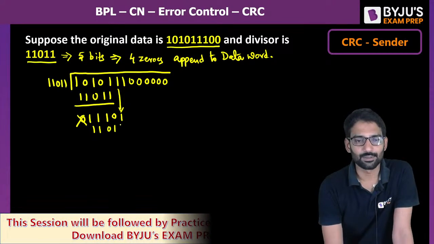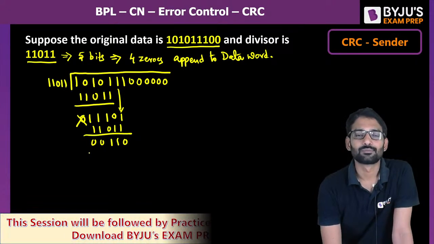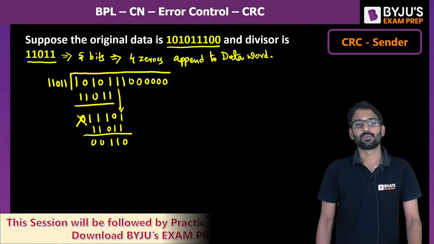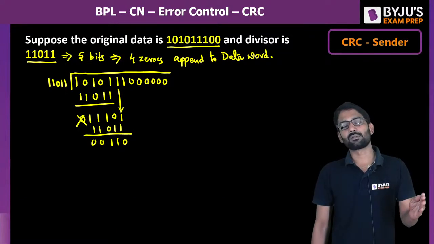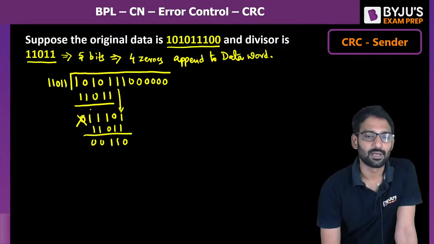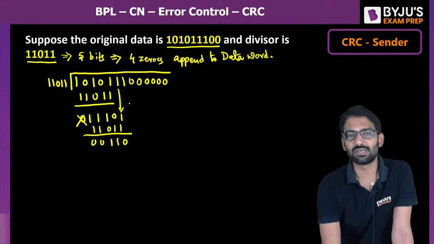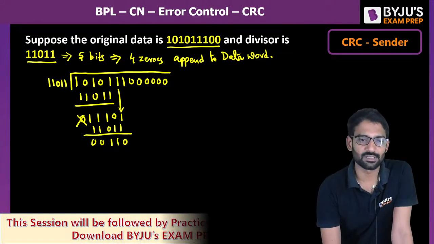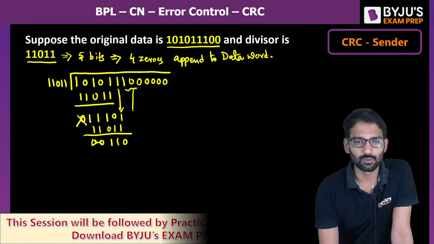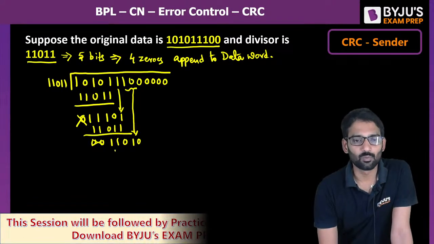Repeat, 11011, 00110. Now the actual algorithm will shift 1 bit only, but here to save time, when you have multiple MSB zeros, make sure you have that many bits to borrow. If so, you can straight away discard them and borrow these 2 bits. 11011.